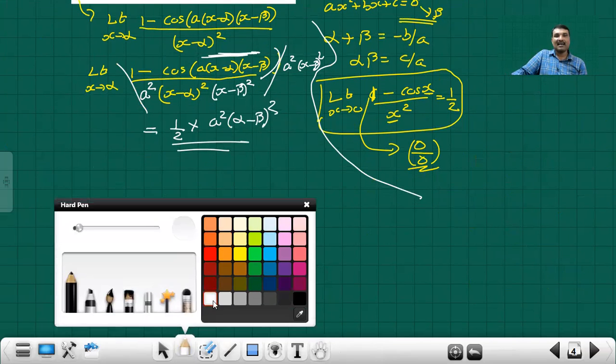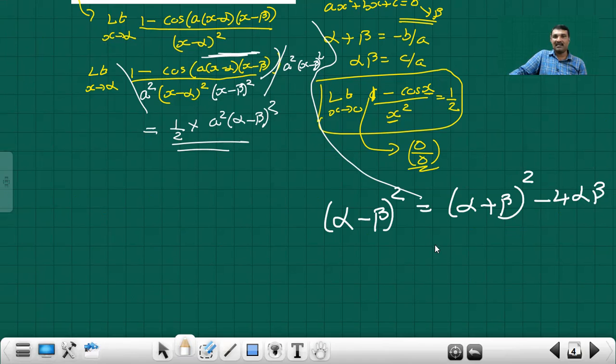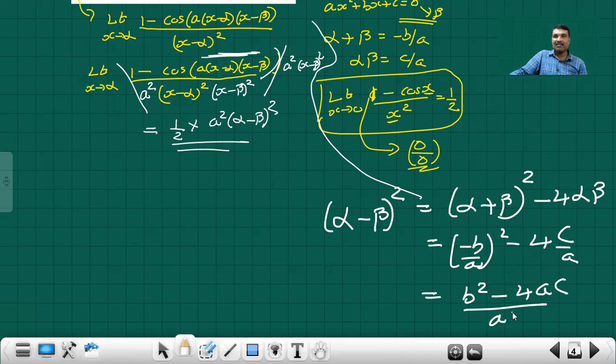Now what is alpha minus beta? We can write alpha minus beta the whole square equal to alpha plus beta the whole square minus 4 alpha beta. This is minus b by a the whole square minus 4c by a. Taking the LCM and simplifying, this becomes b square minus 4ac divided by a square.